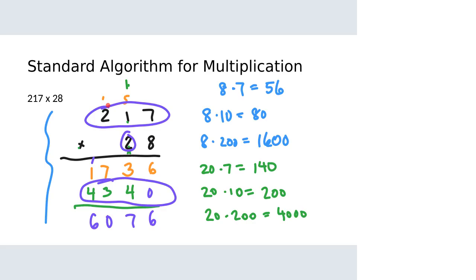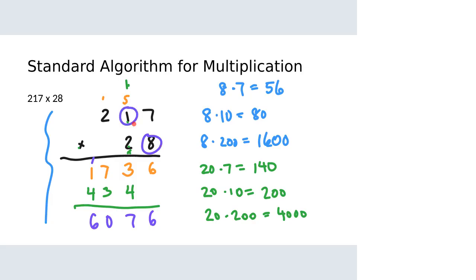I'm guessing that the standard algorithm for multiplication is very straightforward for you. Thinking about it in these terms, though, is a little bit different than something you may have done before. So let me know if you have any questions about what's going on over here. The types of questions you might see are related to when we do this 8 times this 1, we're actually doing 8 times 10.